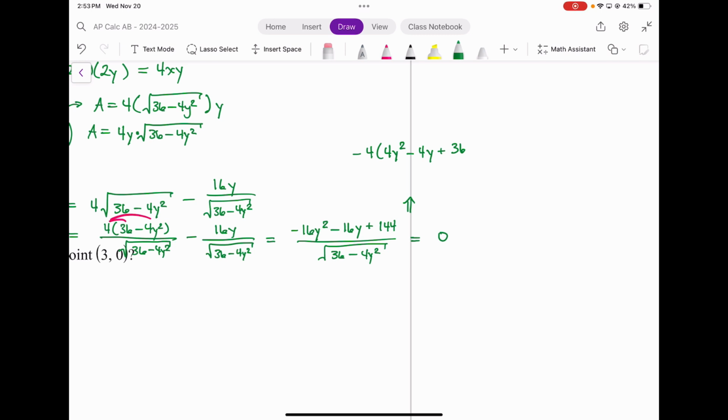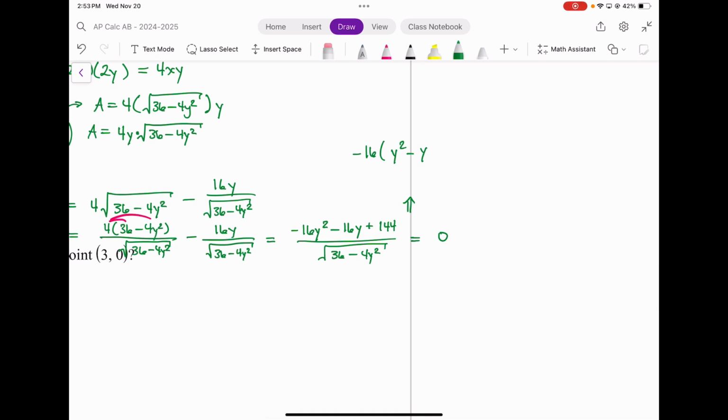36, yes, 36. Oh, and you know what? I can factor out another 4. Let me go ahead and do that, actually. So we're going to factor out 16. Yeah, I should do that. So you get y squared minus y, and I believe you get 9.